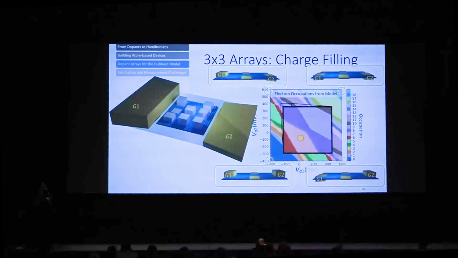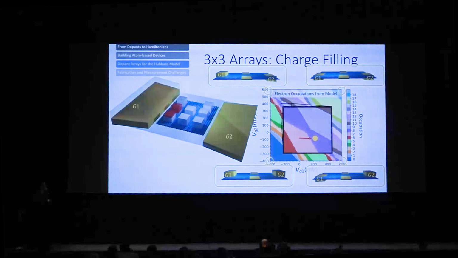These white boxes are how many electrons are on each site, based on our best understanding of how many atoms are at each site, and therefore how many electrons we think are sitting on those. And if we shift gate 1 lower in potential space, higher in voltage, then we're going to the right here. And as we cross this region, we add one more electron.